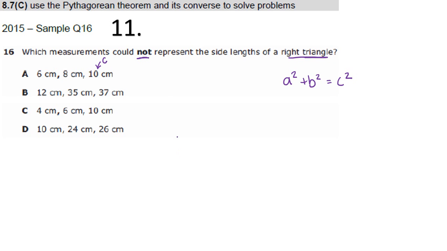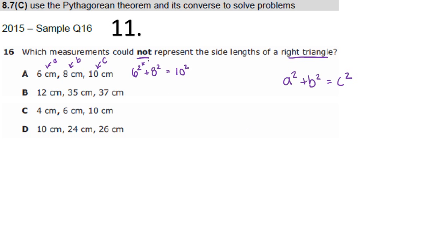If that 10 is our C, then either one of these is my A and my B. If I square 6 and then add 8 squared, do I get 10 squared? All you need to do is type this in your calculator, 6 squared.